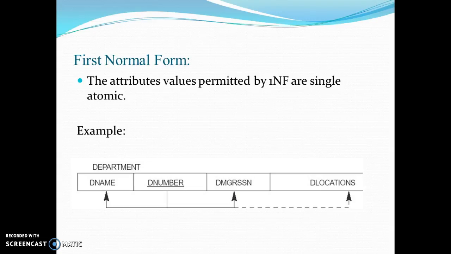If you notice, then DNAME, DMGR SSN and D locations are fully dependent on the D number. Here D number is the super key or the primary key. So all the other non-key attributes should be dependent on the main key. So it is called the atomic structure.